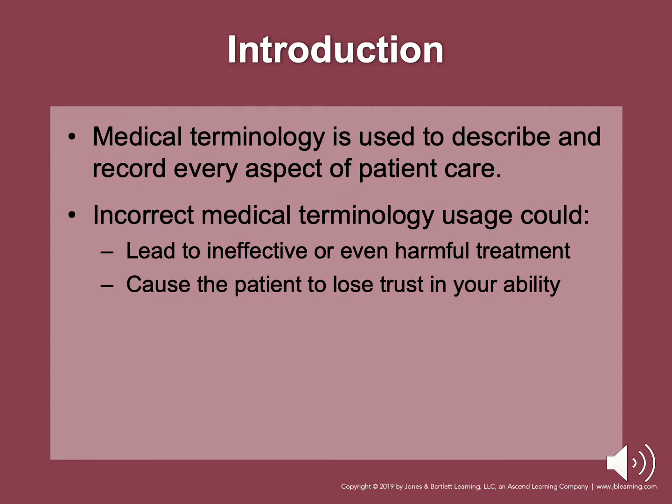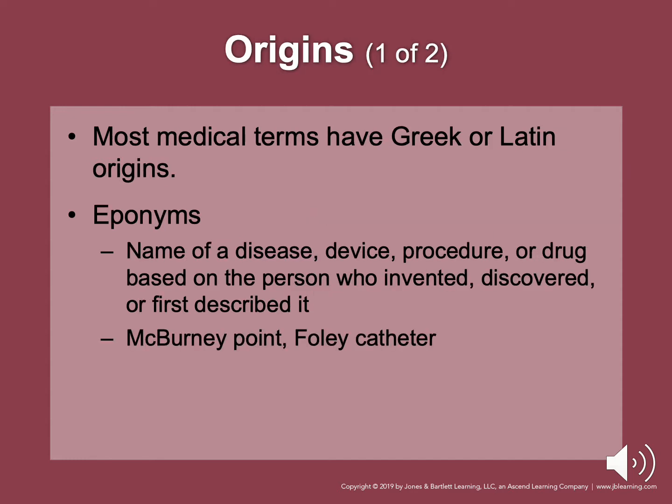So basically, when you start using medical terms, you need to be able to understand what you're saying. These all have Greek and Latin origins. They are the names of diseases, devices, procedures, or drugs based on the person who invented, discovered, or first prescribed it.